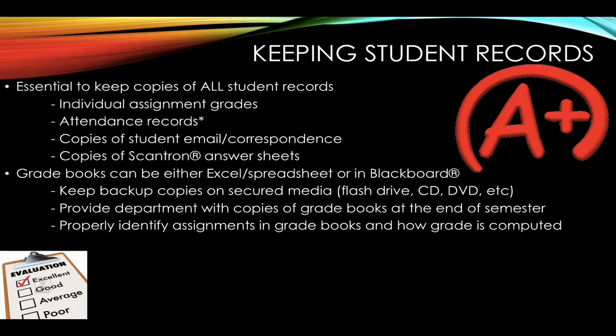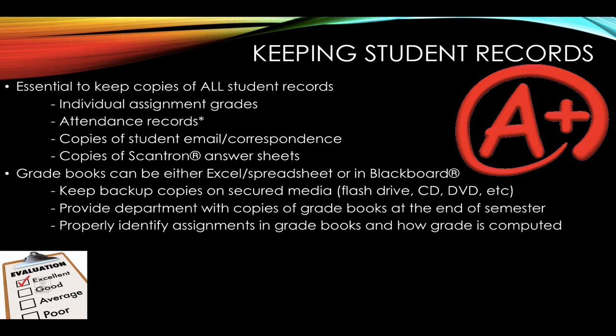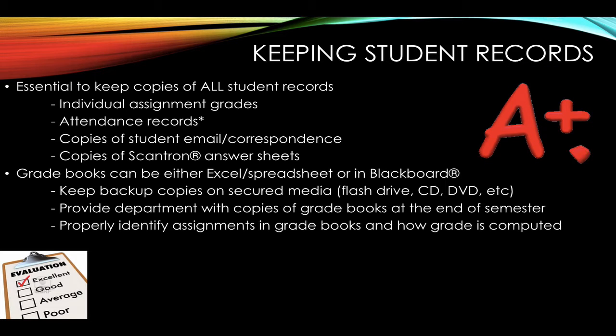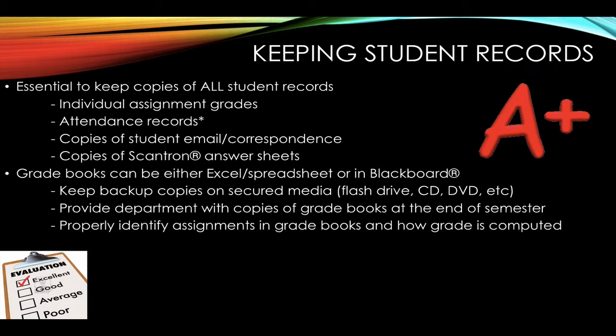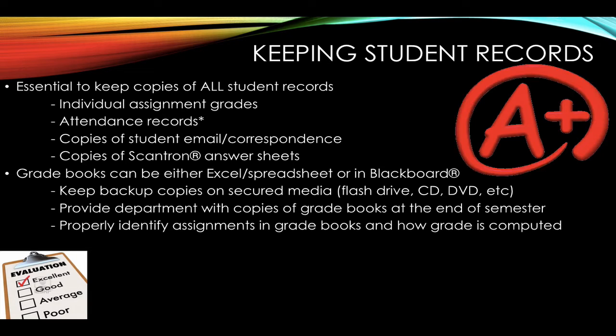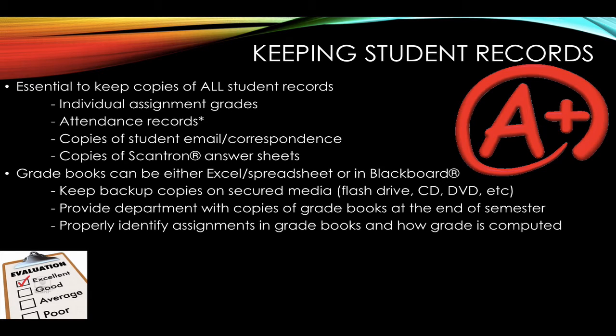Make sure you properly identify assignments in the grade books and how the grade is actually computed. If we have to go back and look in your grade books for something at some point and you're no longer with us, it becomes difficult if things are not properly identified. So make sure that each assignment is clearly identified and show us how that final grade was computed in your spreadsheet.